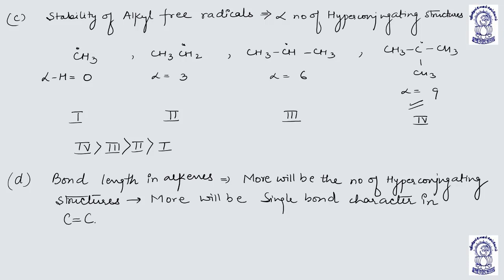The bond length of the carbon-carbon double bond is directly proportional to the number of hyperconjugating structures.